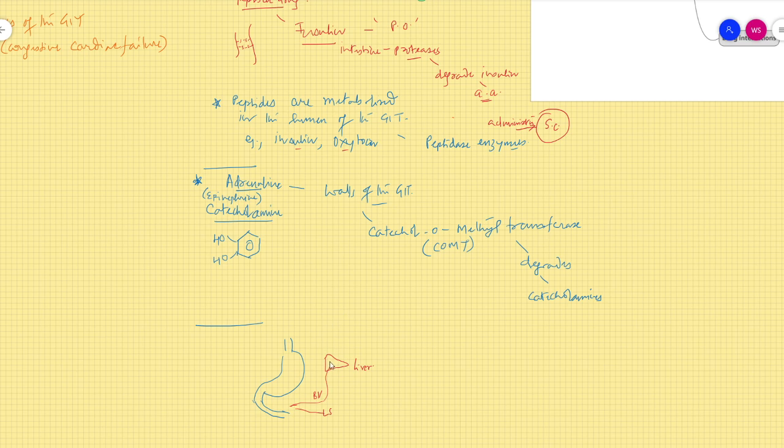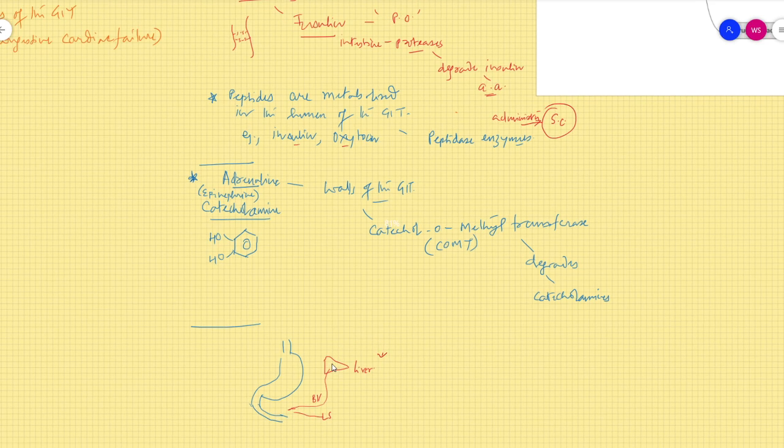And this liver has lots of enzymes that will chemically modify whatever is absorbed. Then it will release the metabolized drugs into the systemic circulation.